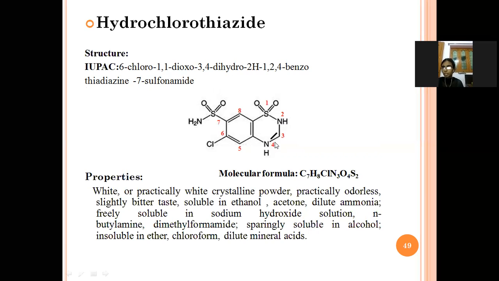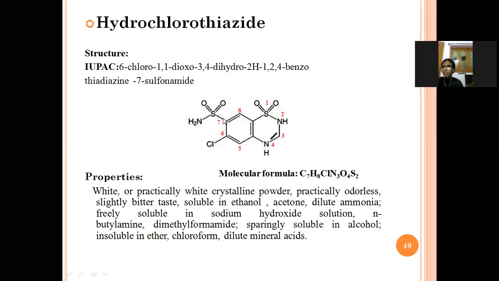See here, in the second and the fourth position, two nitrogen atoms are there, so it is named as diazine. So it is commonly known as 1,2,4-benzothiazine. In the seventh position the sulfonamide group is there. In the sixth position, the chlorine atom. In the first position, two oxygen atoms are there.